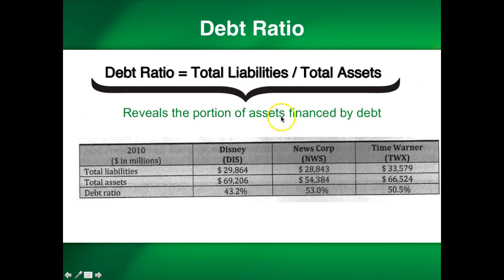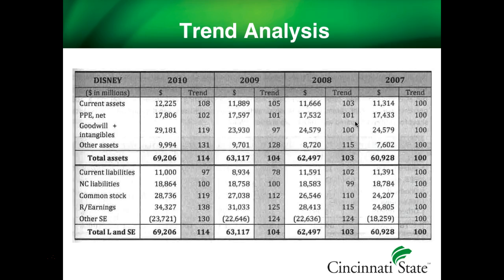Debt ratio is total liabilities divided by total assets. It measures the portion of assets financed by debt, as previously discussed. The trend analysis shows consecutive periods compared to base period. You can see that Disney's total assets increased by 3% in 2008, 4% in 2009, and 14% in 2010 compared to 2007.